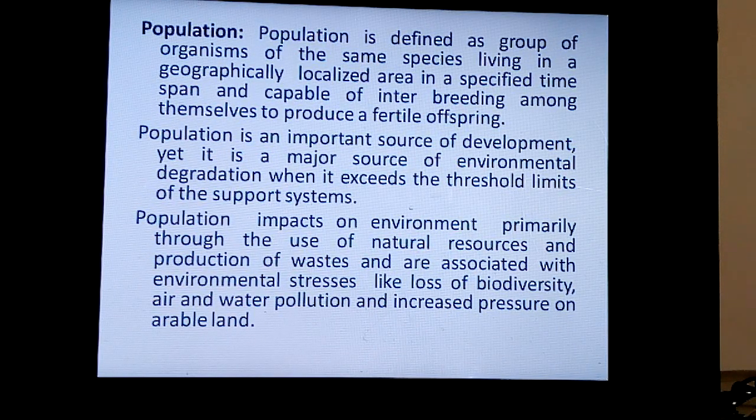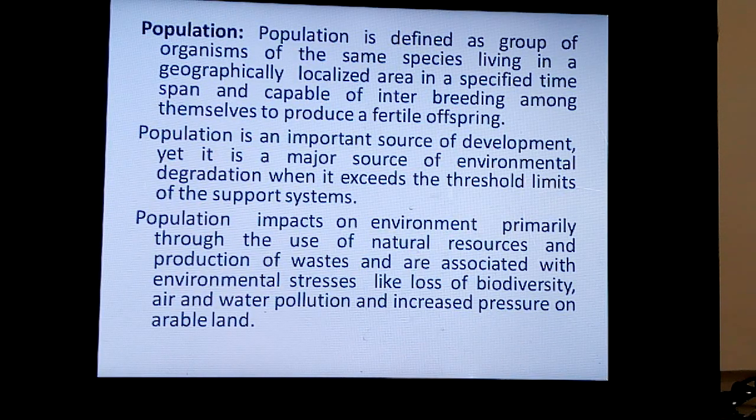Means, though the population is a source of development, if it increases enormously, abnormally, then it degrades the environmental support system. So population should be maintained at one particular standard.